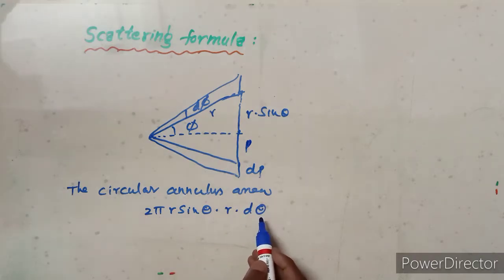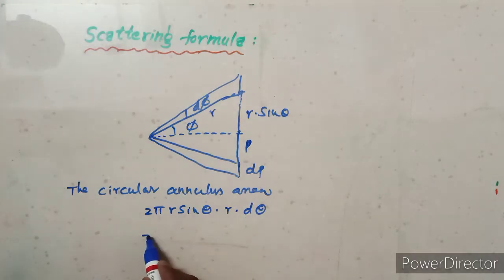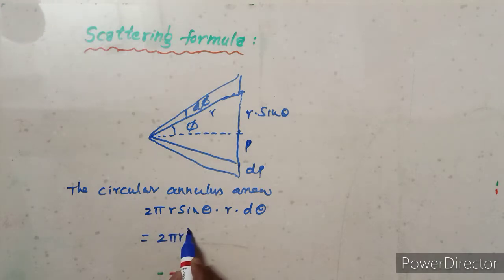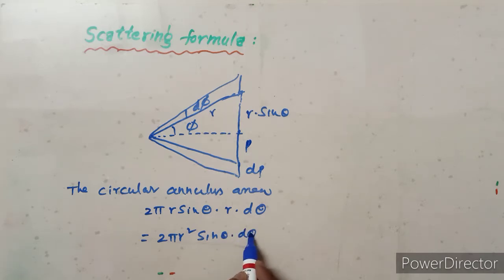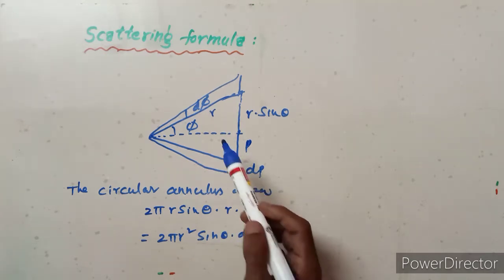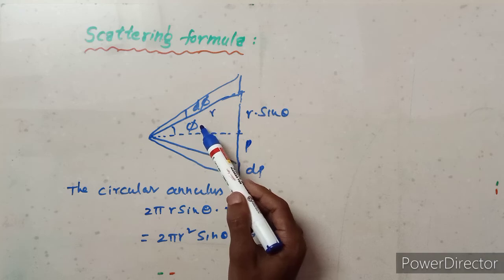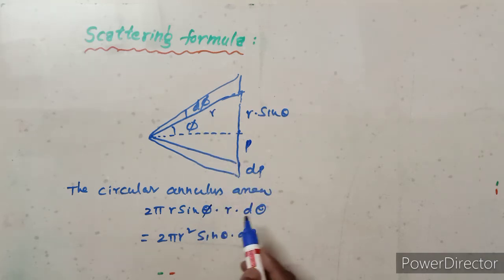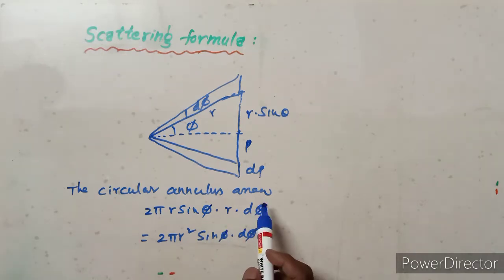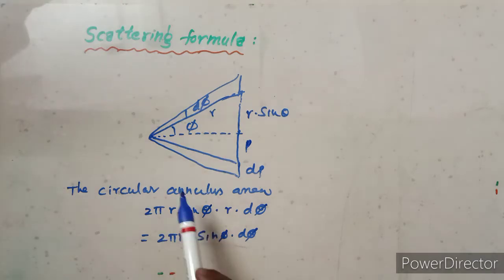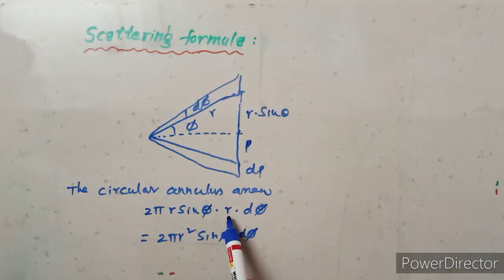This is the circular annulus area. So totally 2 pi r square sin theta d theta. In the diagram we take phi instead of theta. So the circular annulus area is 2 pi r sin phi into r into d phi, 2 pi r square sin phi d phi. This is the circular annulus area.